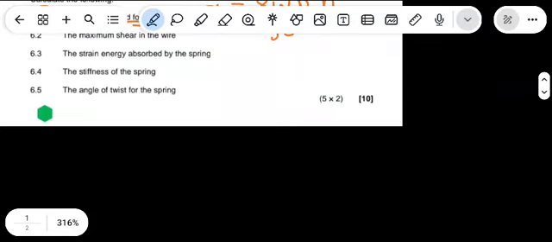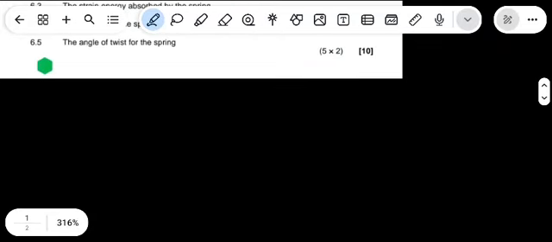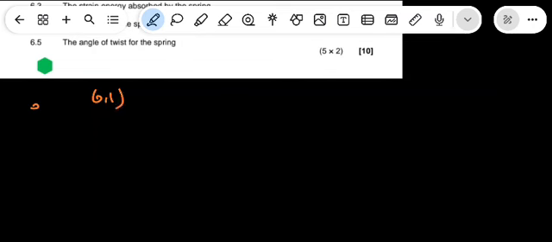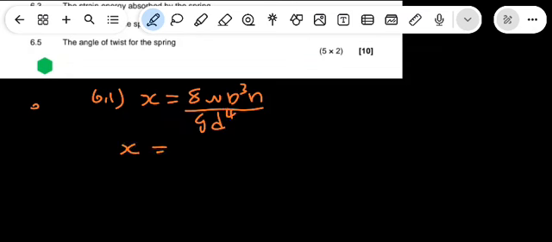You can write it here below. 6.1. Here X is equal to 8 W D cubed N divided by G d raised to the power 4. We want W. That is what we want.